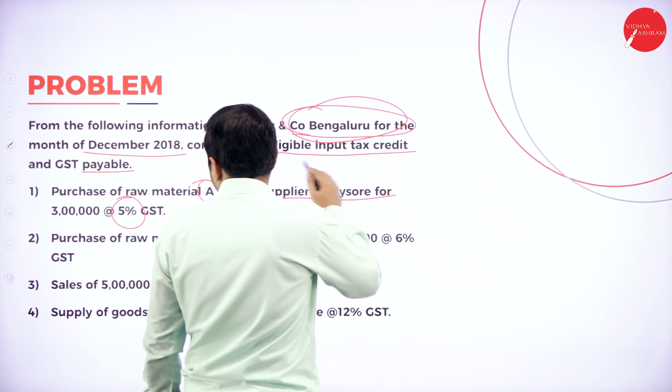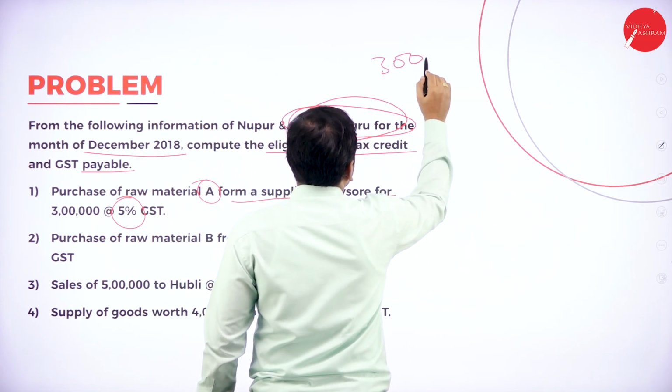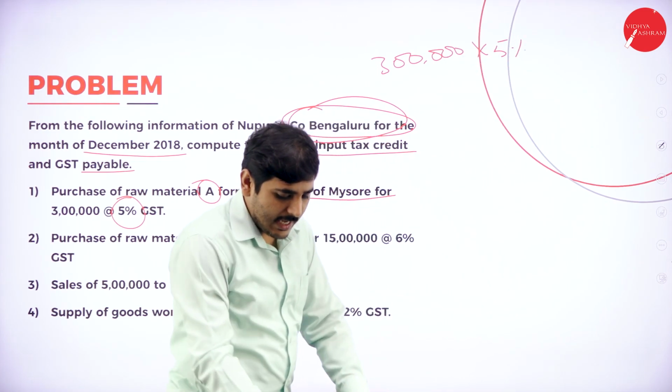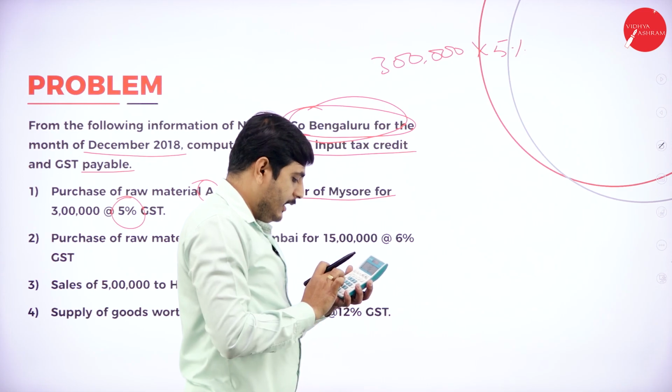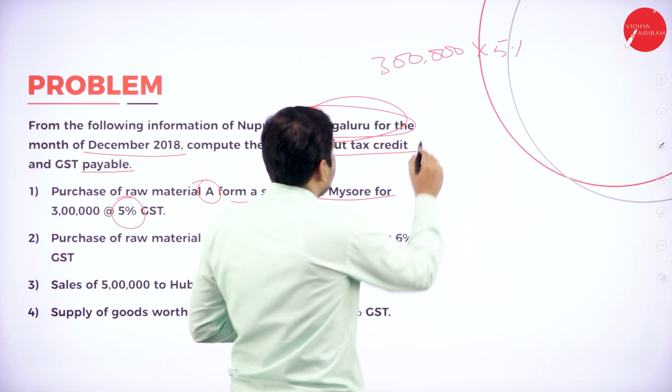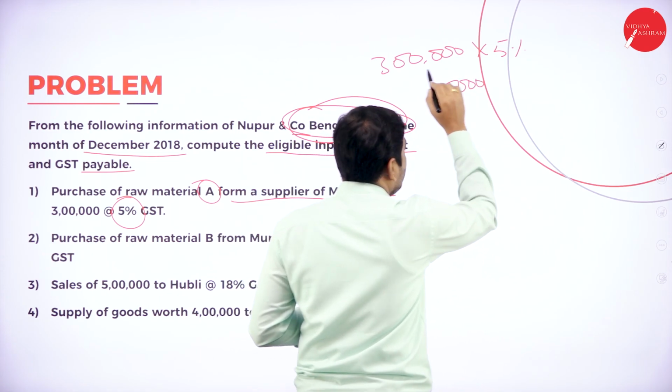So let's calculate 3 lakh into 5%. It is 15,000 tax we have paid on input.